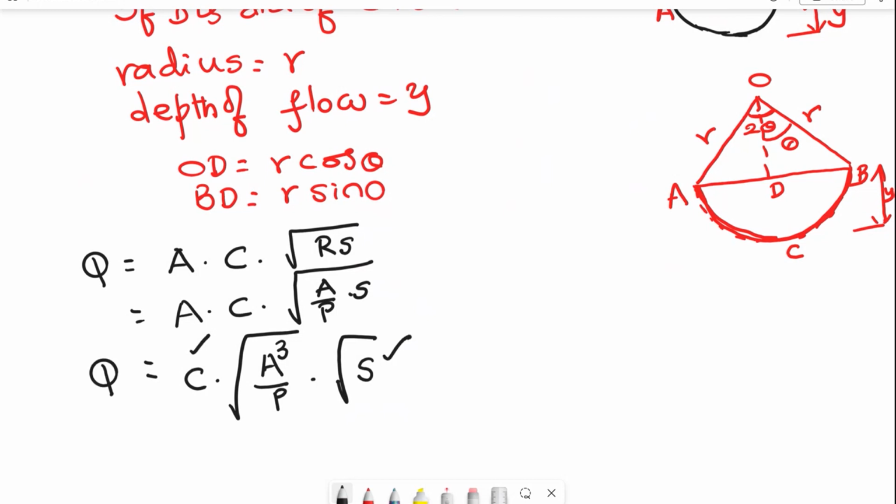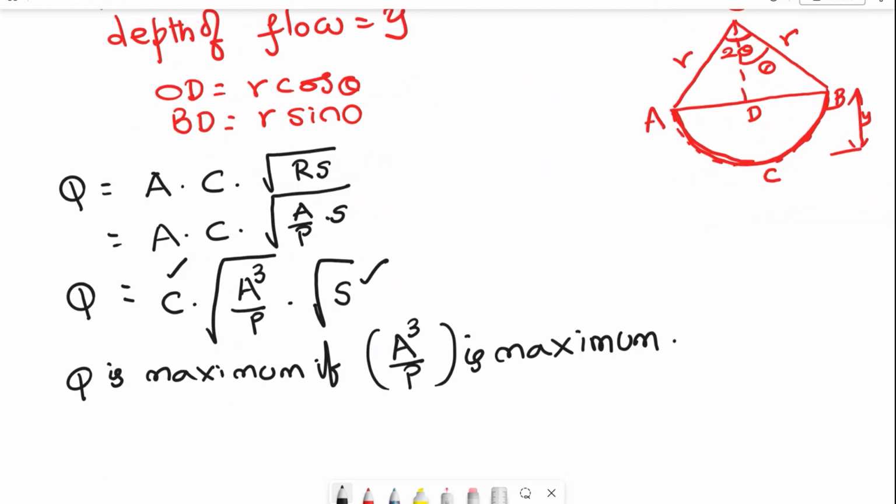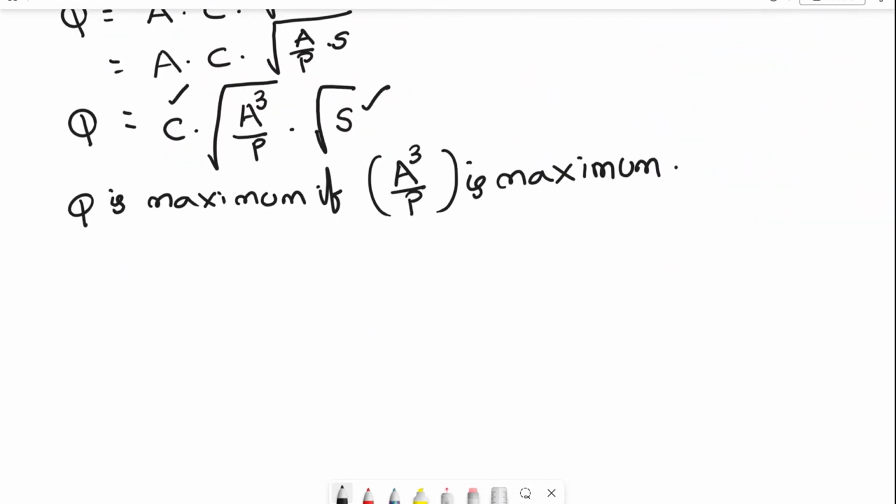This S is also constant. So Q is maximum if A cube by P is maximum.